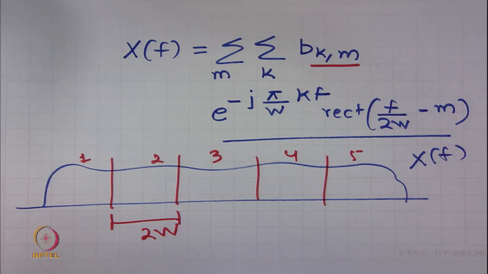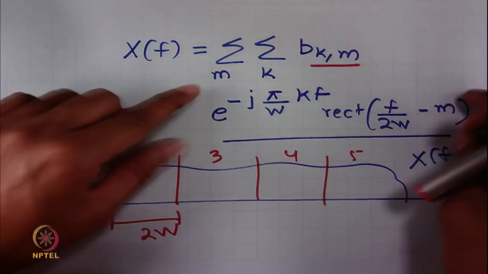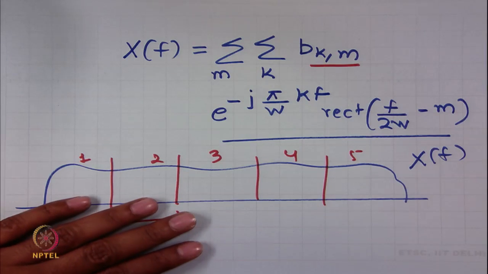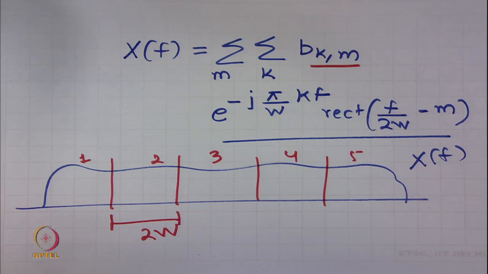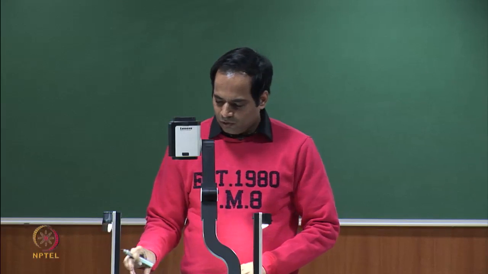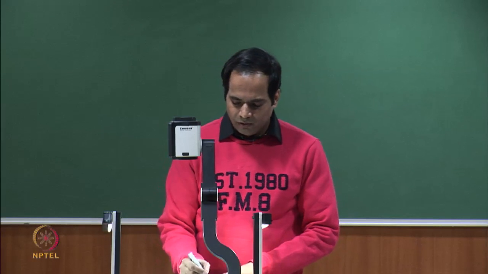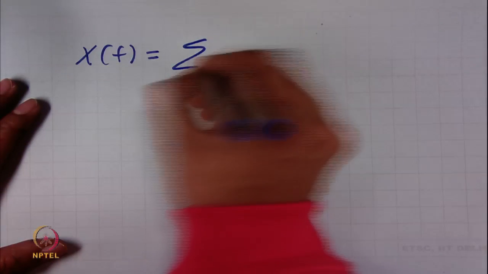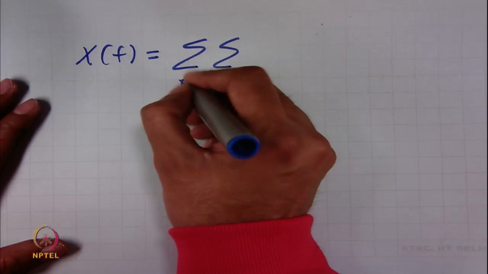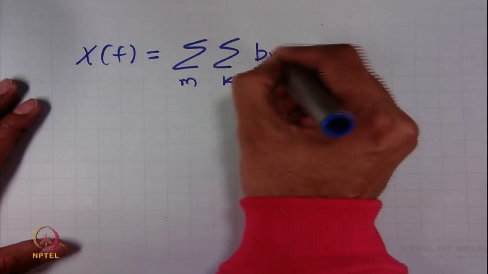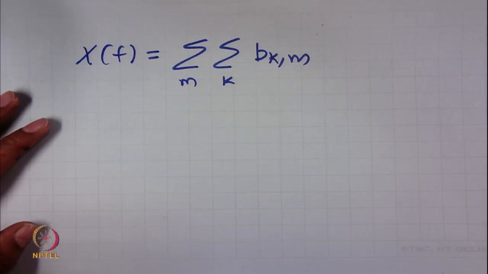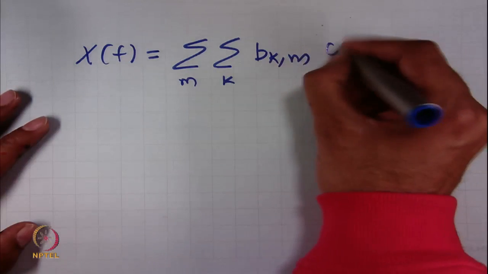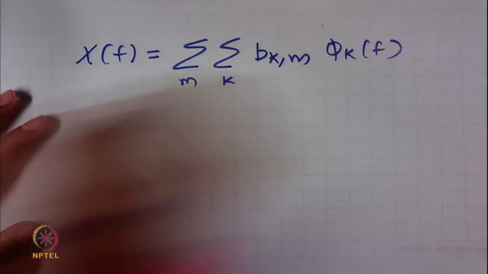This is exactly the same as in the case of the double sum expansion of Fourier series, only we now have a different orthogonal function, everything else remains the same. Again, you can think about this as X(f) being expressed by using some coefficients times some orthogonal functions.